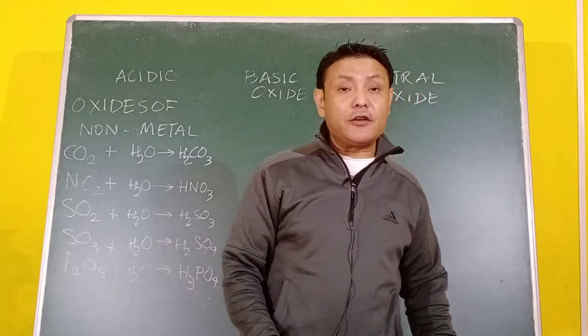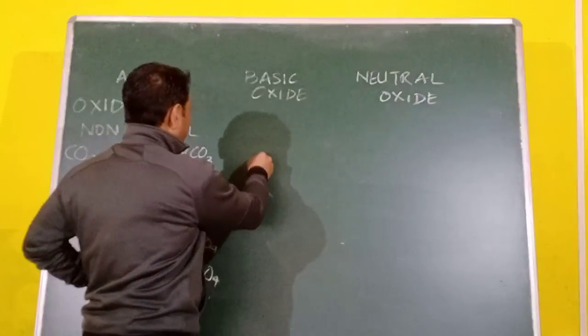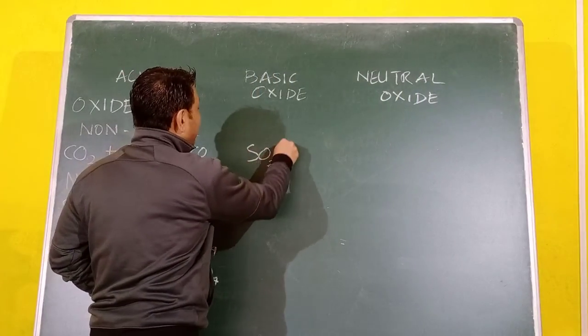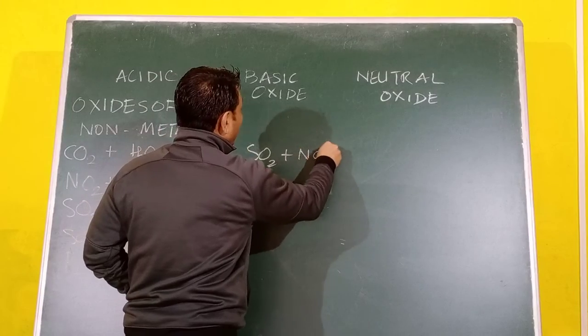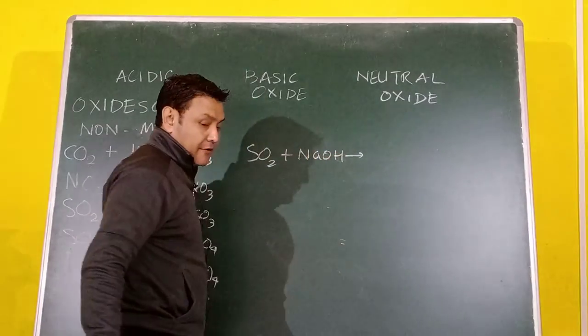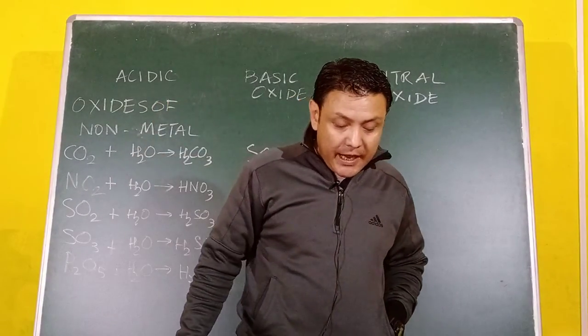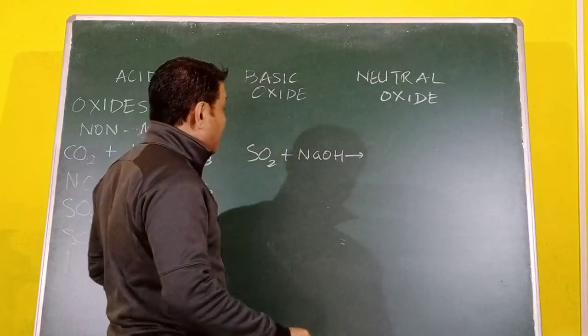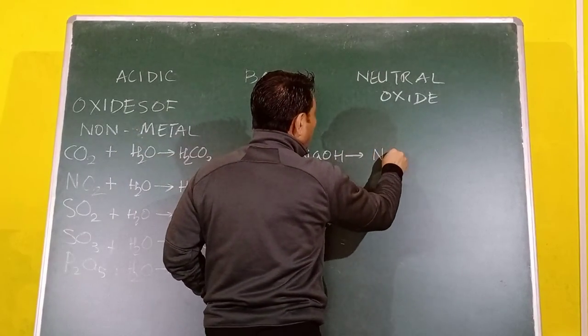And sulfur dioxide reacts with NaOH to produce Na2SO3, sodium sulfite, a salt, and water.